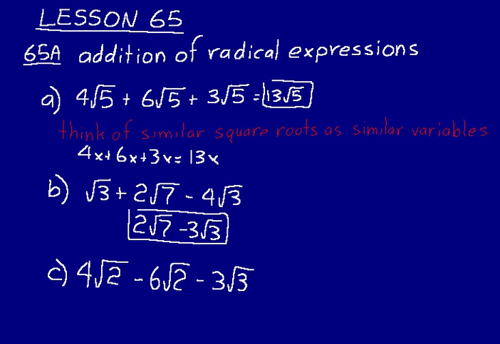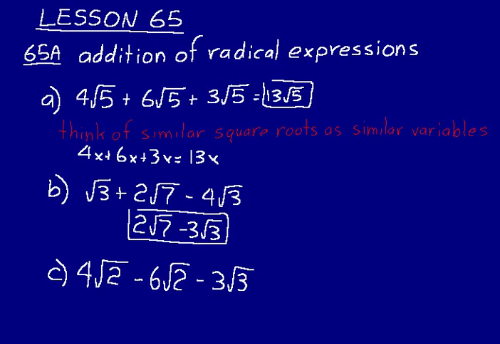Let's do one more problem. Add these together. The first thing you do when adding radical expressions is to think of similar square roots as similar variables. We have a couple of expressions with the square root of 2 in them.